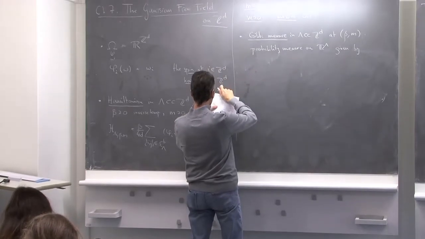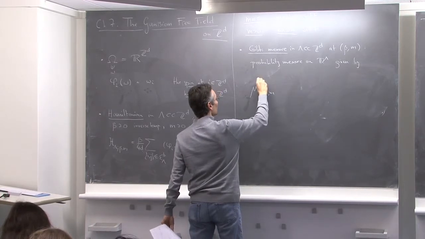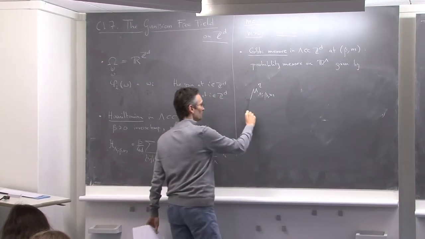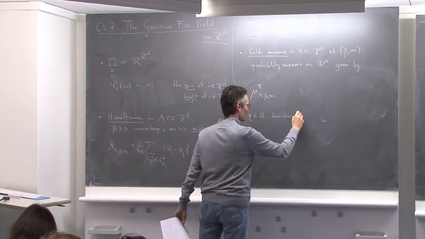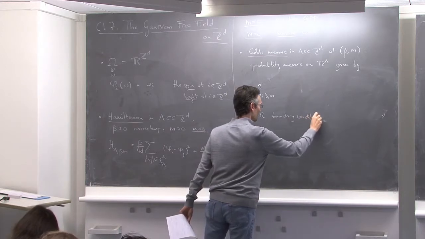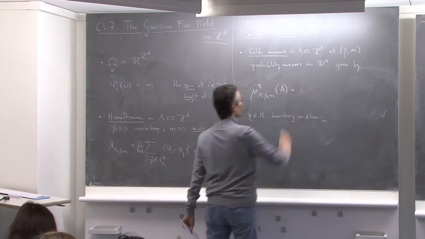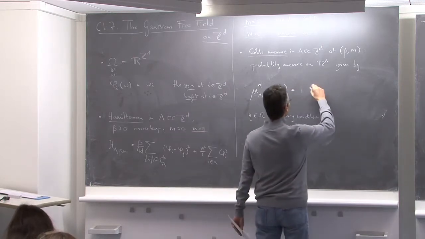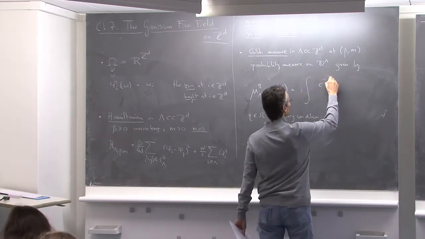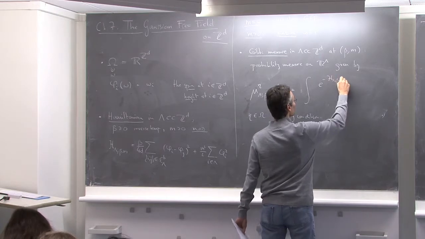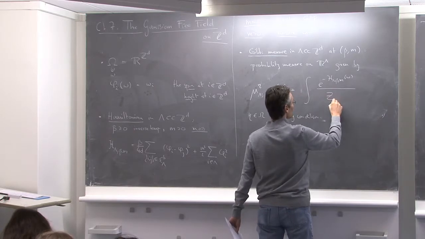My notation is mu lambda beta m, and then I take some boundary condition eta. So eta is a boundary condition as we saw in the Ising model, same type of thing. And the probability it gives to an event A is just the integral of e to the minus the Hamiltonian beta m of omega, properly normalized, so I need again the partition function.